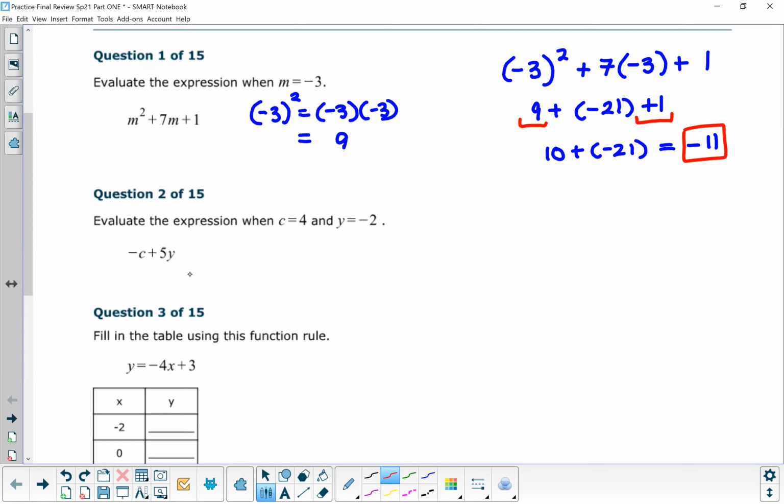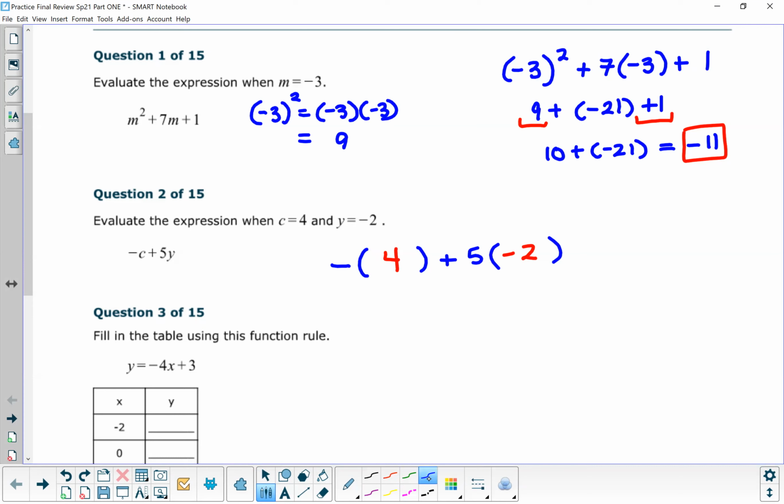All right, next we have evaluate the expression when c equals 4 and y equals -2 for -c plus 5y. Okay, so when we do our substitution, we have negative and then parentheses for where c would be. And then c is 4. And then plus 5 parentheses, and y, we're substituting -2.